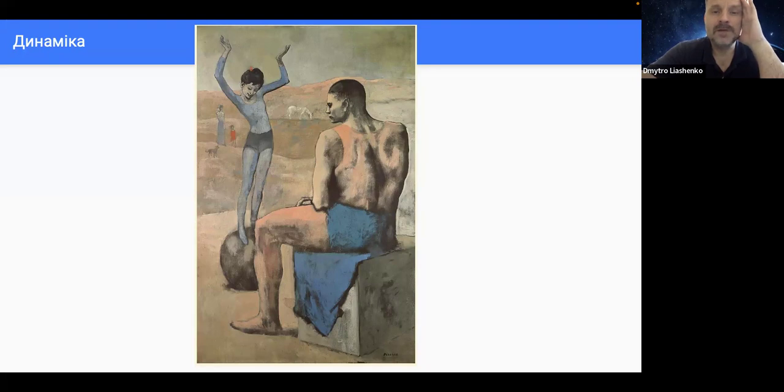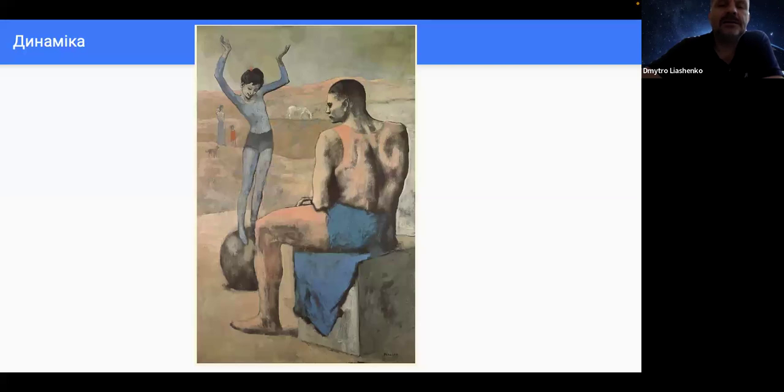It is a famous painting by Pablo Picasso, a girl on a ball, and you can see that the artist gives us 2 different ideas.